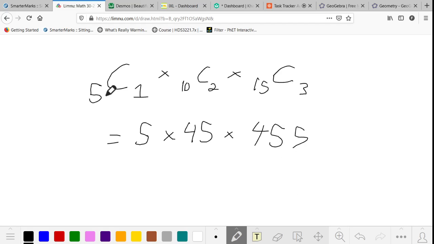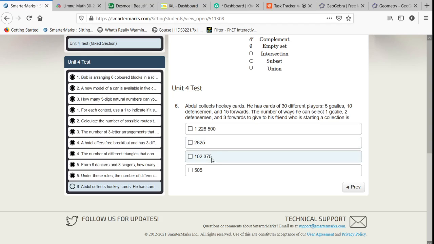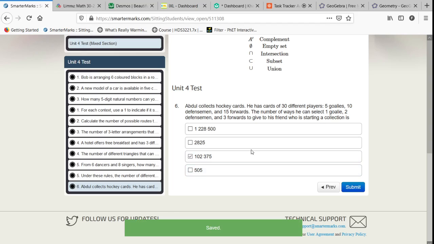There is a little bit of a pattern there, which makes me wonder: does the pattern continue? 20C4 is 4845. Yes. So we have 5 times 45 times 455, and that gives us C, 102,375. The answer is C. Any questions about this before we submit and see how we did?